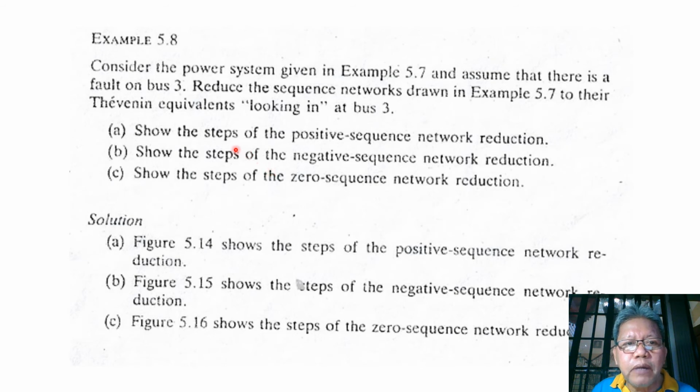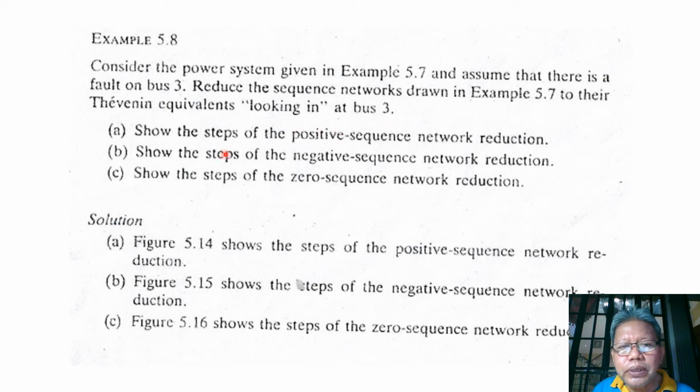Now the previous example is extended in this case, where we have to consider the power system given in the previous example, and assume that there is a fault on bus 3. Then we have to reduce the sequence networks drawn in the previous example to their Thevenin's equivalents looking in at bus 3.